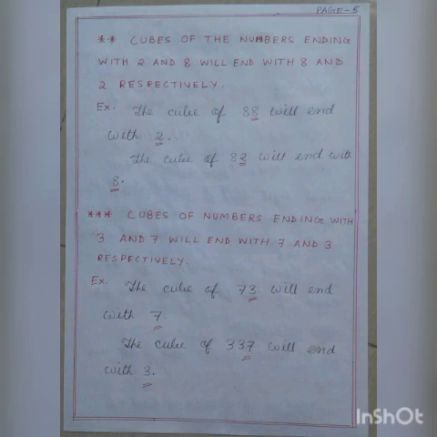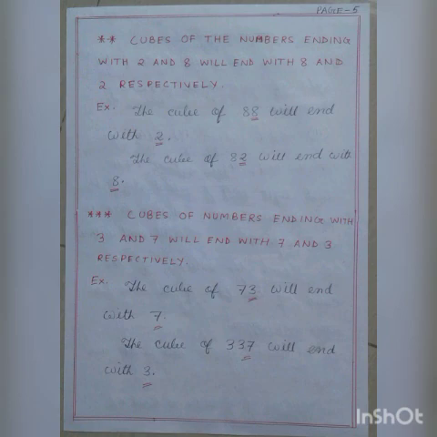Point number 2, cubes of the numbers ending with 2 and 8 will end with 8 and 2 respectively. The cube of 88 will end with 2. The cube of 82 will end with 8. It means if the last digit of the number is 8, its cube will have 2 as its last digit.